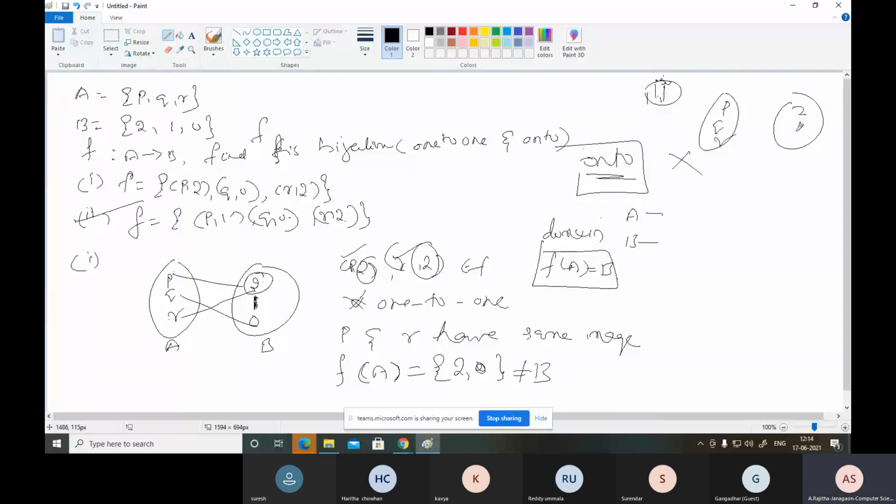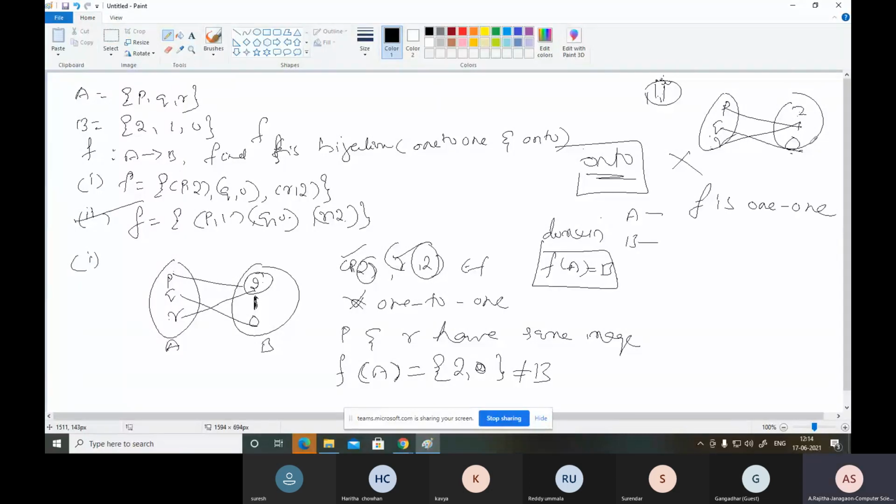So P is with 2, Q is with 1 and R is with 0, or rather P with 2 1 and Q with 0 and R with 2. Every image has some pre-image, and that is a different image. So different elements in A have different F images in B. Hence F is 1 to 1, a one-one function.